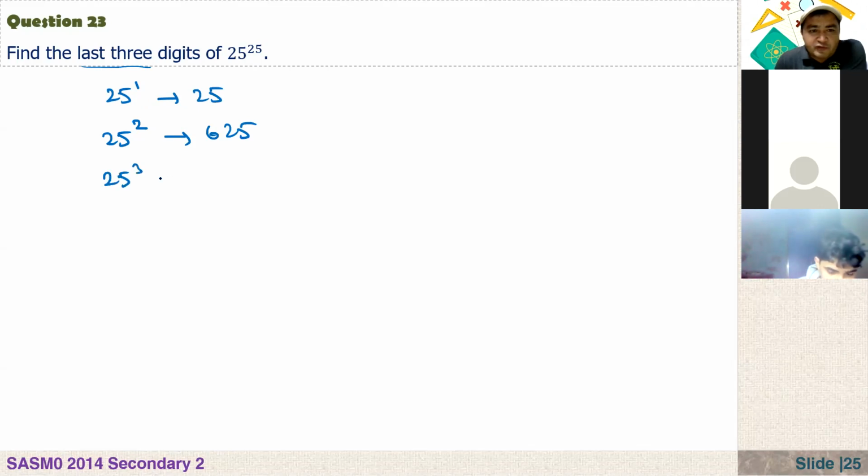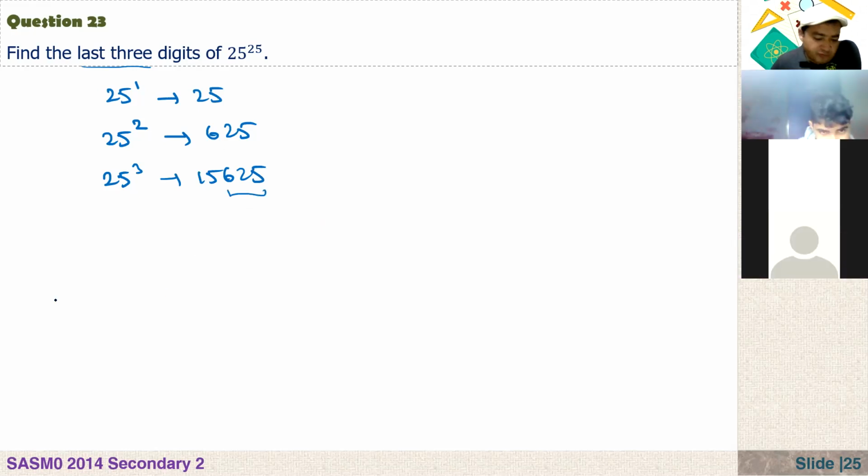Again, 25 cubed is equal to 15,625. Because you're just multiplying this 5 by 25, it always ends with 625.